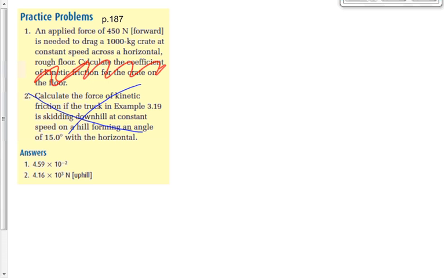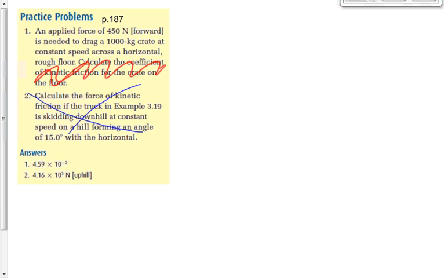How do we know this is kinetic or sliding friction? Can we? It's getting dragged? Yeah, okay. But you can drag something and not move it too, right? Or at least attempt to drag something. What about this? An applied force of 450 newtons is needed to drag it at a constant speed.